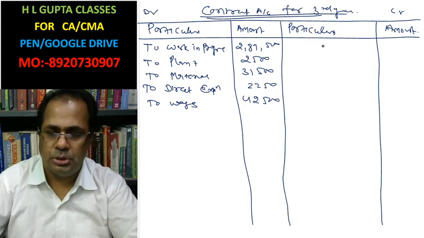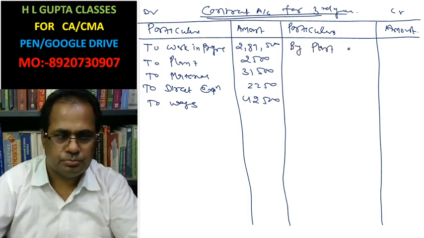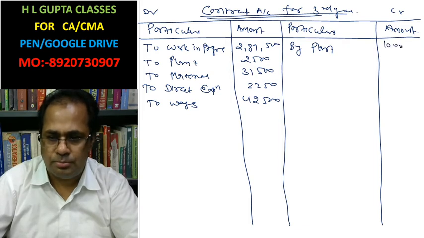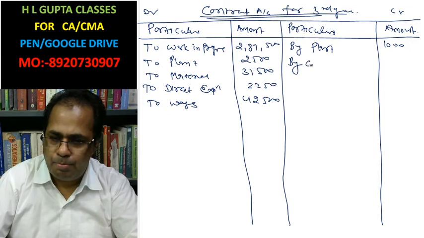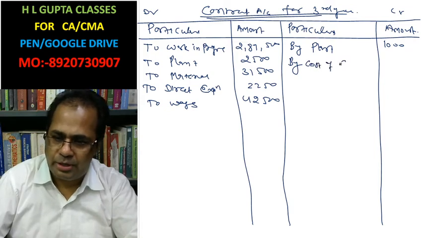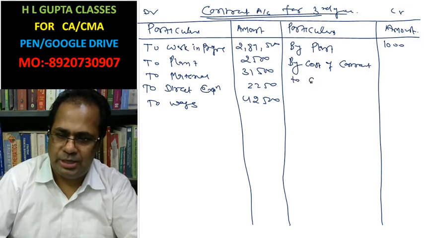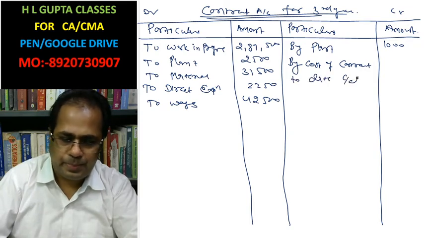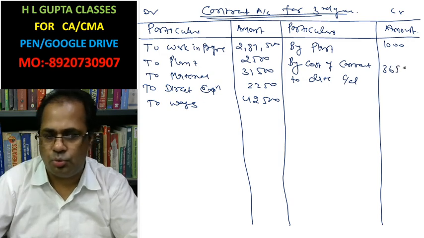By plant here 1,000. By cost of contract to date carried down 3,65,250.